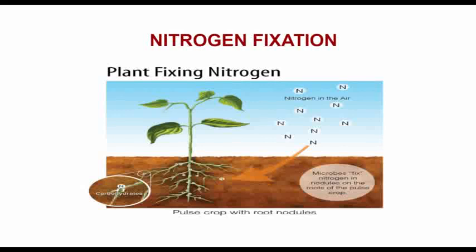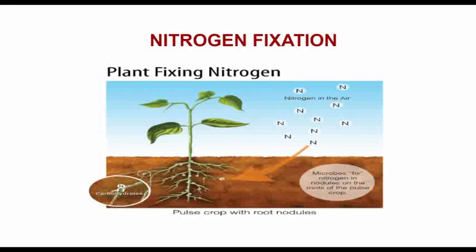Next, we will see about nitrogen fixation. Nitrogen gets circulated in the air, soil, and living things as the element itself or in the form of its compounds. Just as there is a circulation of carbon in nature, so also there is a circulation of nitrogen.